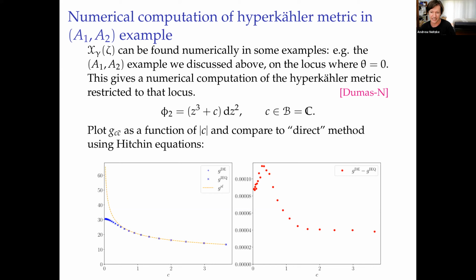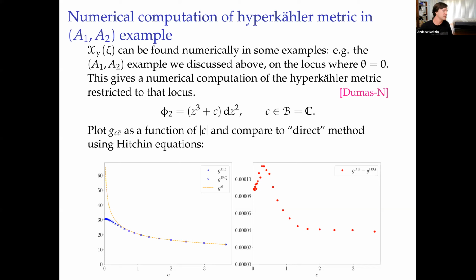The dashed line is a kind of asymptotic formula. Okay, maybe I don't say more about that. Well, no, I will say more about that. The dashed line is what you would get if all the BPS invariants were 0. So there are these omega gamma, which I said are kind of the key players in the story. You can say what happens if the omega gammas are 0, then you also get a formula for the metric, it's this dashed line.